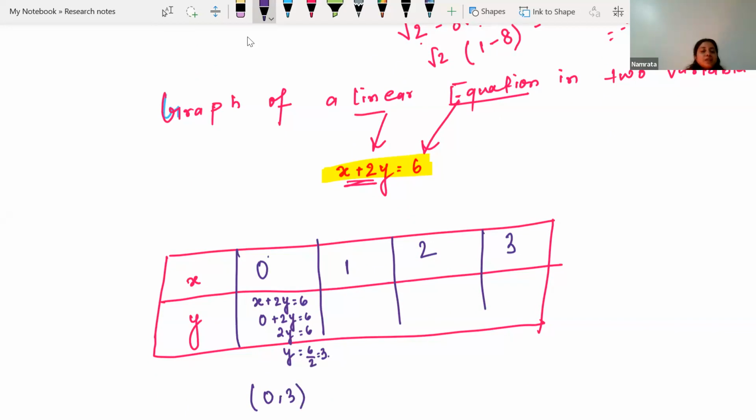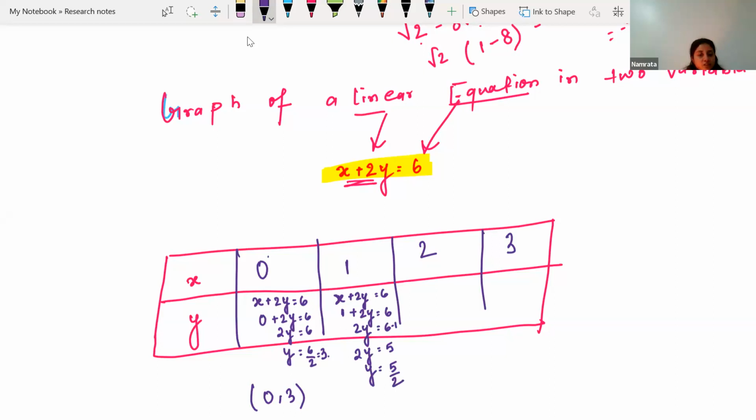Similarly, when I have taken x as 1, what will be the value of y? We have the equation x plus 2y is equal to 6. x I have chosen as 1, plus 2y is equal to 6. So 2y is equal to 6 minus 1, so 2y is equal to 5 and y is equal to 5 by 2.